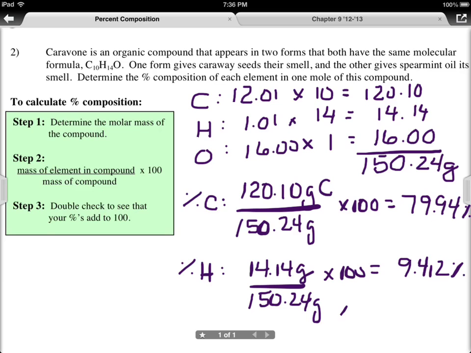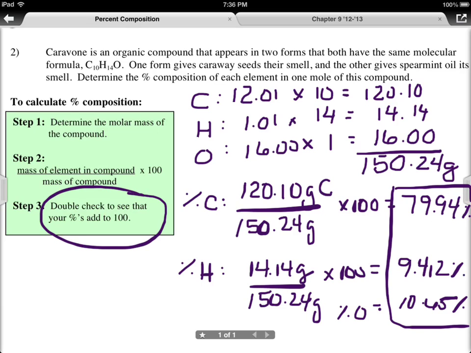If I were to figure out the percentage of oxygen, and I'm not going to write out how to do that, but if I were to do that, I get 10.65%. And the point I wanted to make is simply that if you added up all of these percentages, they should add to 100%. It's a great way to double check your work.